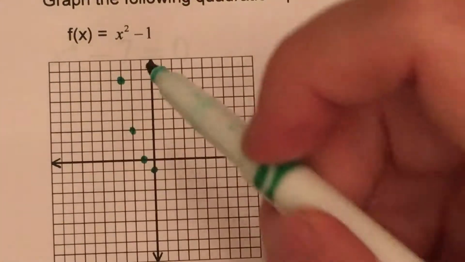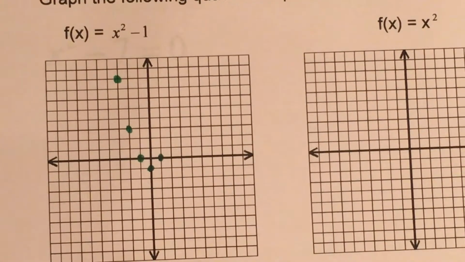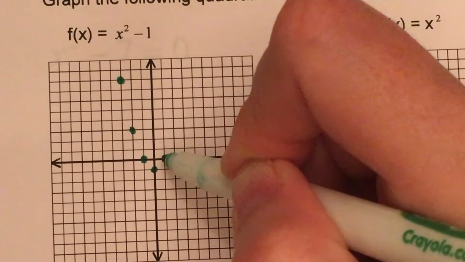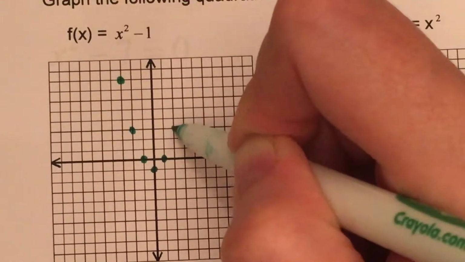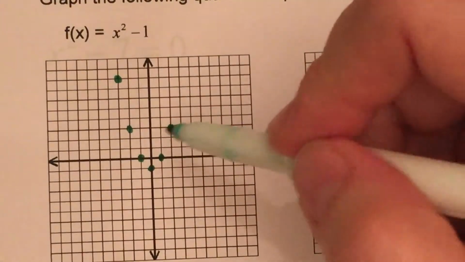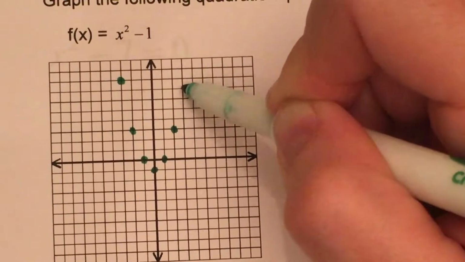Fifth point, right 1, up nothing. Sixth point, right 2, up 3. 1, 2, 3. And finally, our 7th and last point, right 3, up 8.